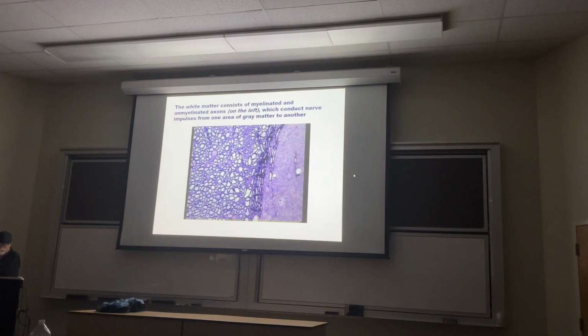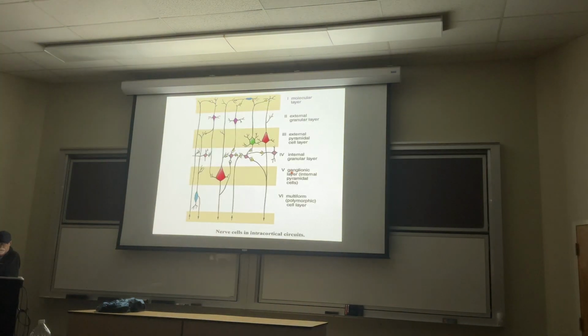Thank you. This is the same one we looked at with gray matter over here and gray matter over here. When we look at the cerebrum, even though it's 80% of the brain, we're not going to spend a huge amount of time on it.